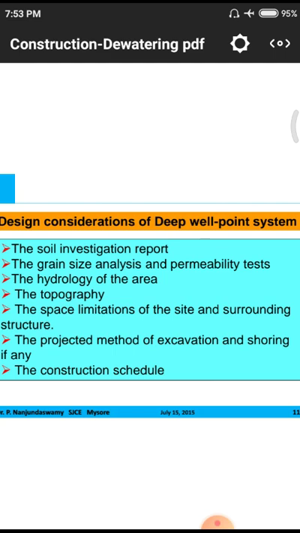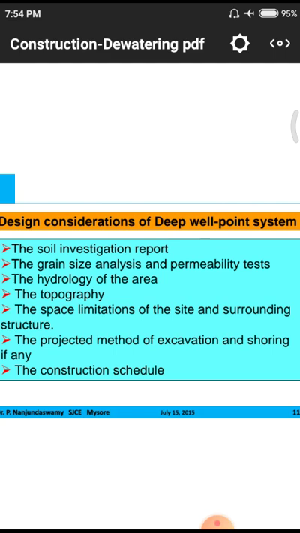If it is a large project, definitely we will go for mechanical equipment. If it is a small-scale project, we use a small quantity of cranes and other things. So the projected method of excavation is what method we are using for the excavation, and shoring, if any.